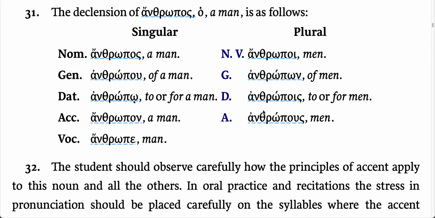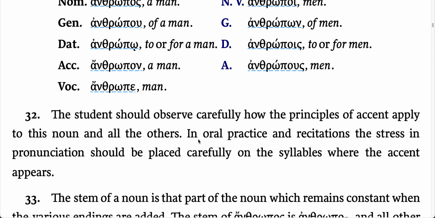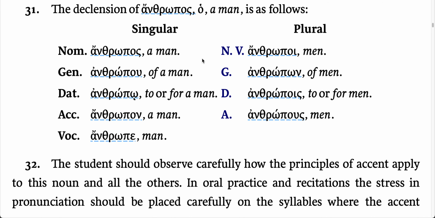You need to memorize this paradigm. The student should observe carefully how the principles of accent apply to this noun and all the others. That's why we went through chapter 2 and learned all the accents. In oral practice and recitations, the stress and pronunciation should be placed carefully on the syllables where the accent appears. So you try to at least adopt a methodology, right? We talked about that in accents.